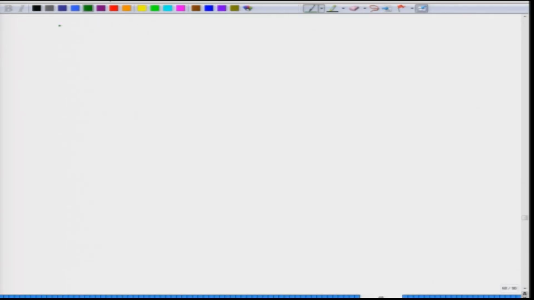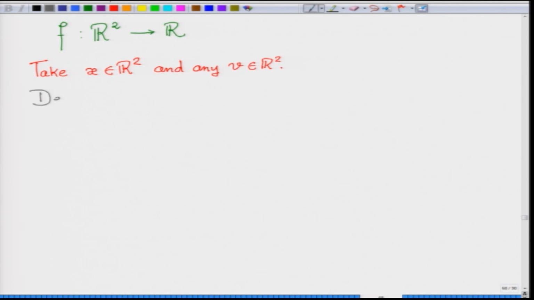So, consider a function f from R2 to R. Take an x, x element of R2 means you are in the plane, and any v element of R2. Take these two things.